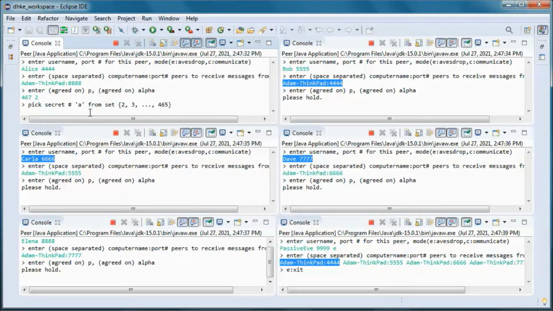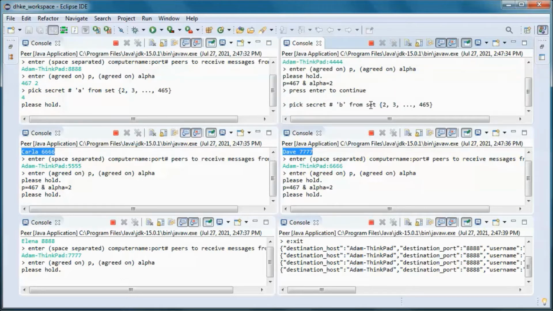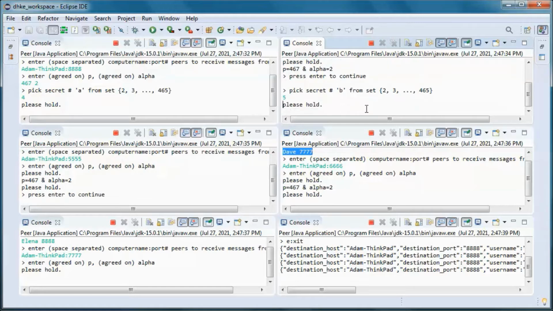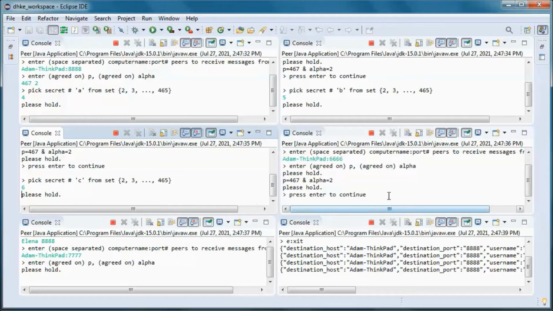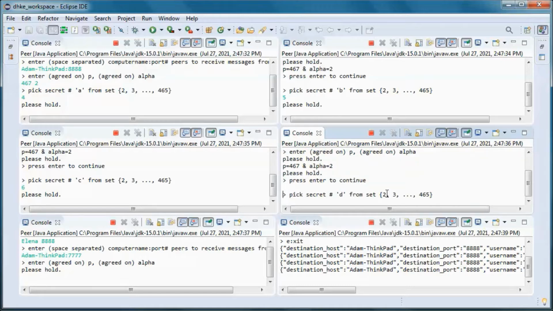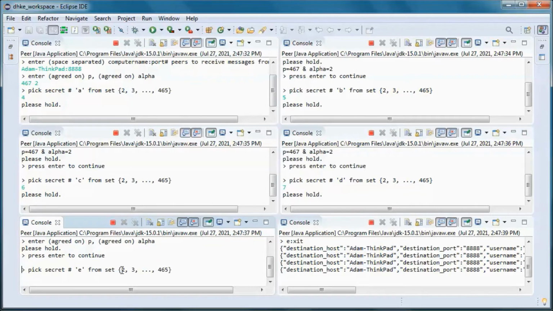So let's suppose that Alice picks 4 as her secret key, and Bob picks 5, and Carla picks 6, and Dave 7, and Elena 8.